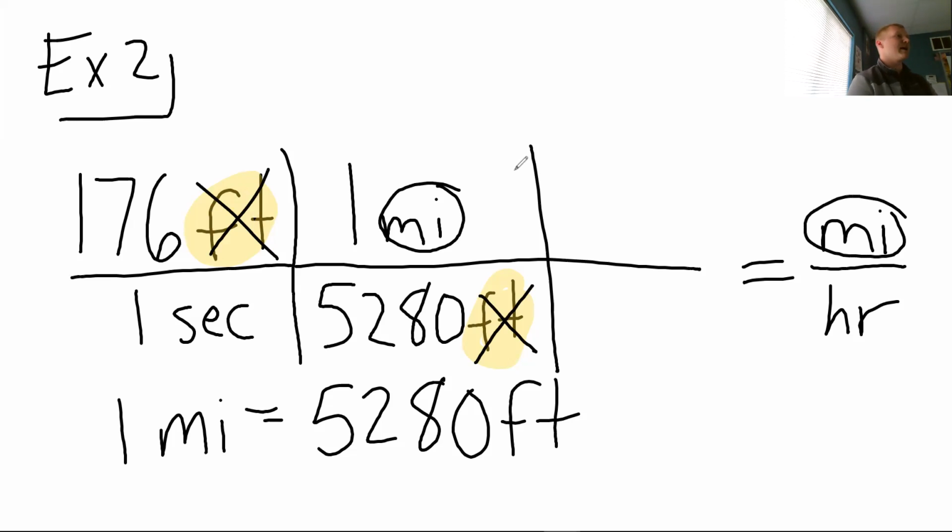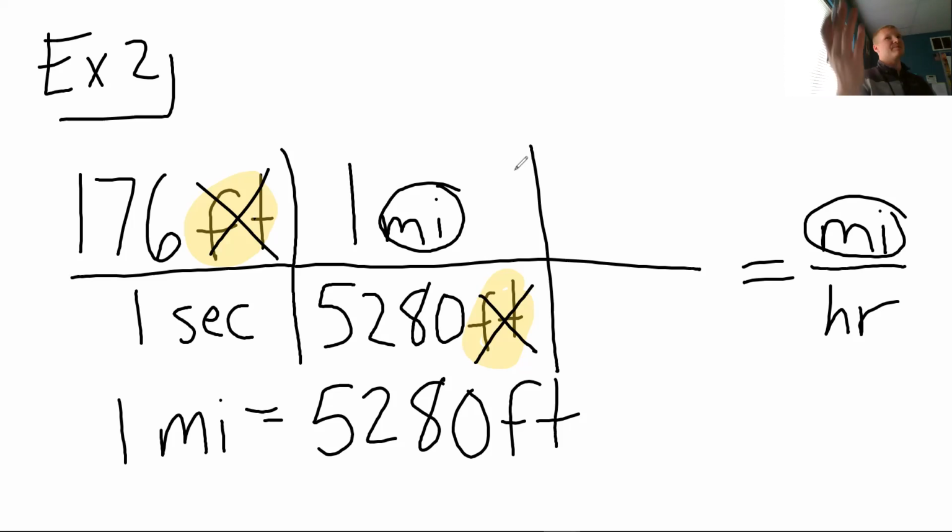Now I need to convert my seconds into hours. So Ellen, how am I going to convert seconds into hours? We could go seconds to minutes and then minutes to hours, but all we have to know is that for every hour there's 60 minutes and for every minute there's 60 seconds.